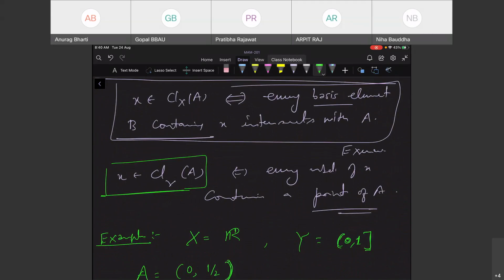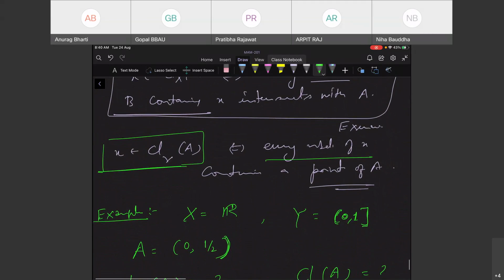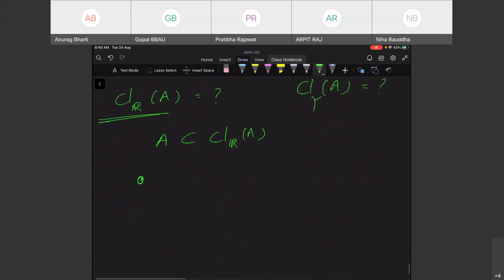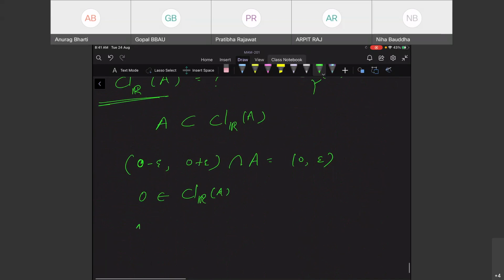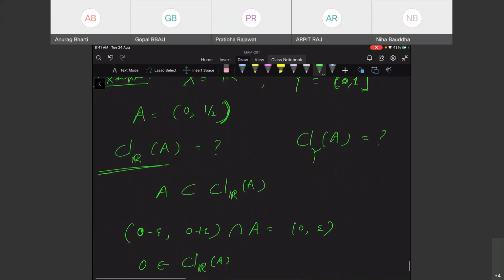A point belongs to the closure if every neighborhood of that point contains a point of A. Any neighborhood of 0 in the usual topology, when you intersect with A, gives (0, epsilon), which is non-empty. This means 0 belongs to the closure of A.